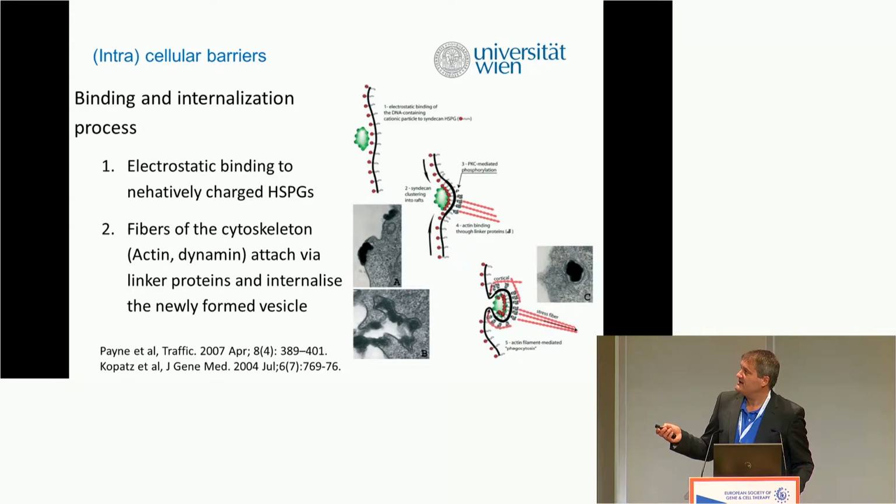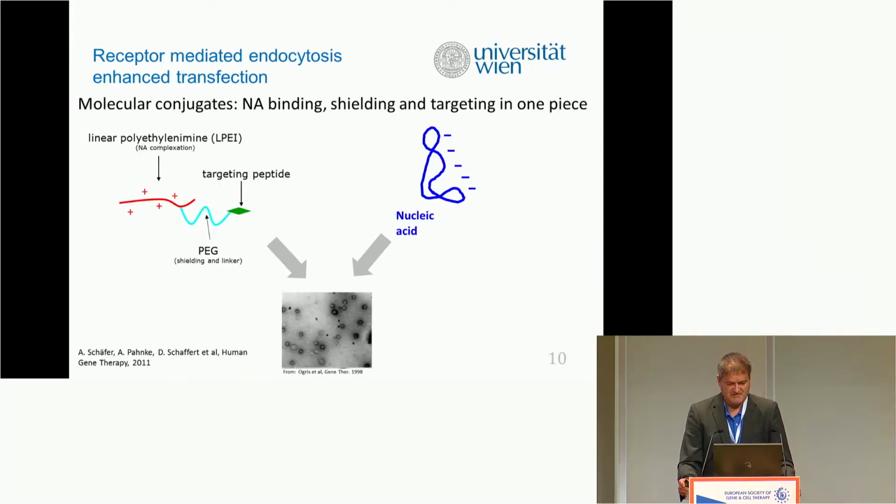Actin and actin-binding proteins are bound via attachment proteins that bind to the plasma membrane from the inside and then drag this particle into the cell. And this then forms a new vesicle inside the cell. So this is if you have binding via HSPGs.